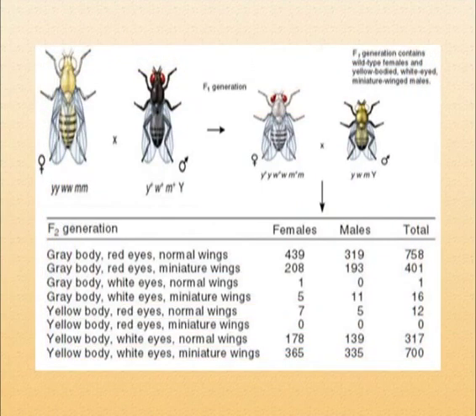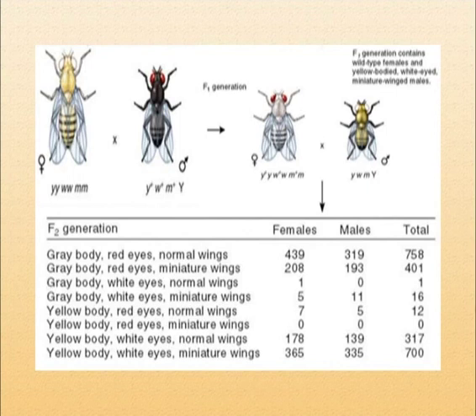Morgan in his experiment crossed a female parent with yellow body, white eye, and miniature wings, that is, all alleles in recessive condition, with a wild type male with gray body, red eye, and normal wings, that is, all genes in dominant condition.